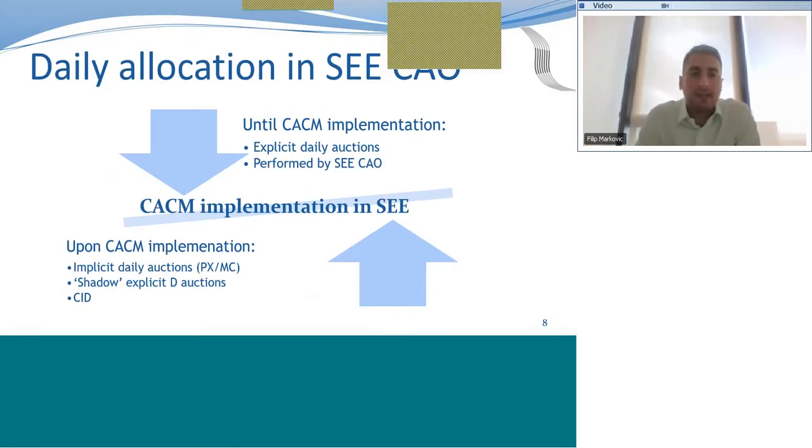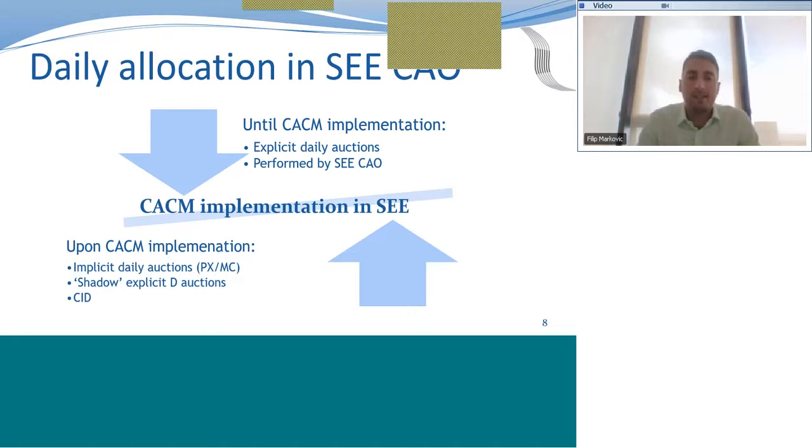Few words about daily allocation. Arben mentioned CACM and implicit allocation. However, CACM is still not in force in our region. We are within the energy community, and until the application of CACM, SEE CAO will continue to perform explicit daily auctions.